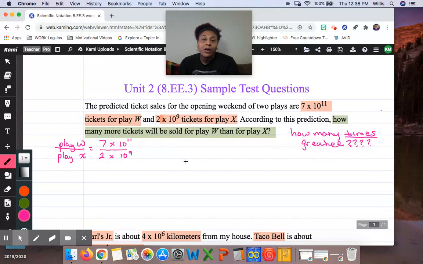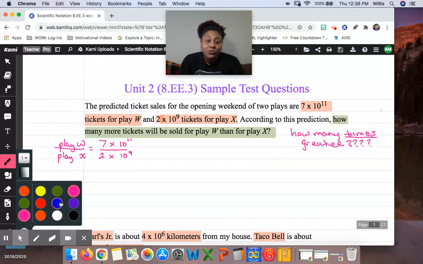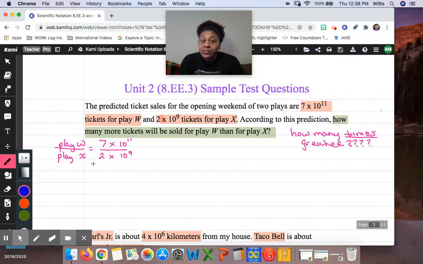Okay, now we follow our division rules, which say, look, the factors, you'll divide. But these exponents, you need to subtract. So 7 over 2, we use division. And then the exponent of 11 and the exponent of 9, we're going to subtract.